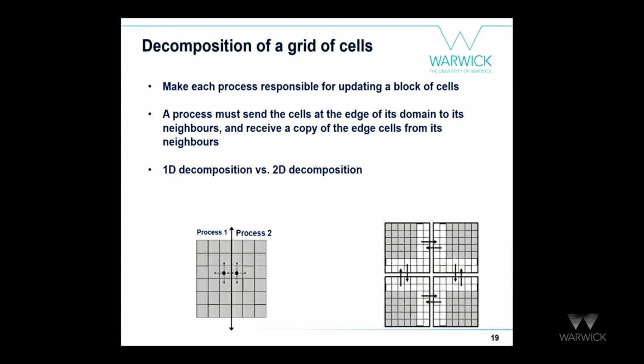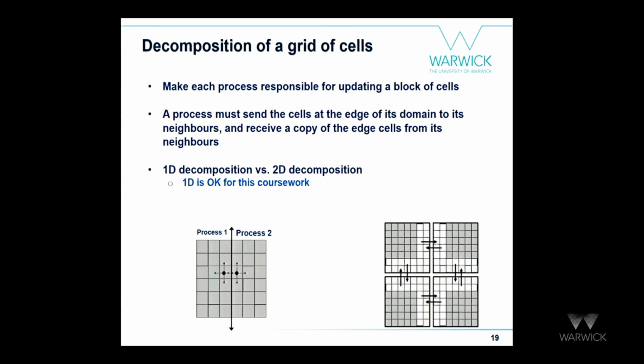So a process may have more than 1 neighbor. Maybe a process may have 4 neighboring processes. So that's for the decomposition of the grid cells.